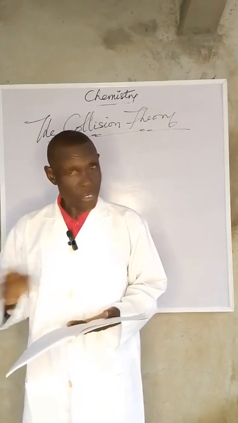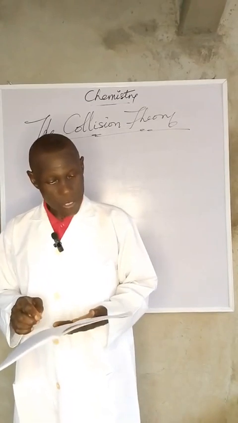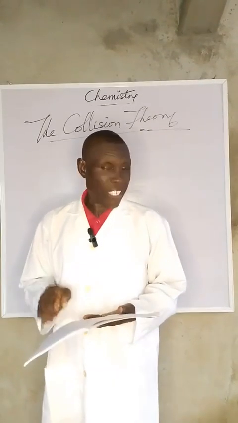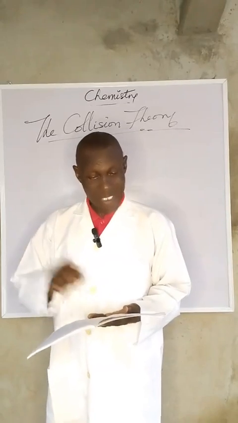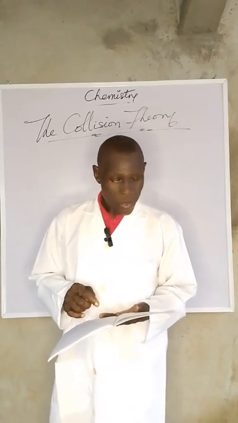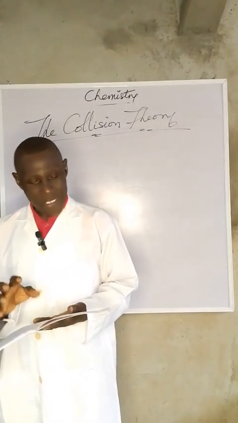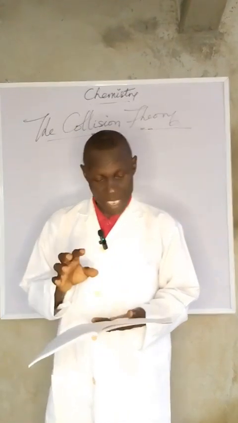So if there's no collision, no reaction. This is because not every collision between reactant particles results in a reaction. Only a small fraction of the total number of collisions is effective.